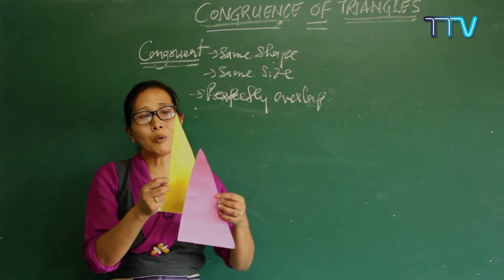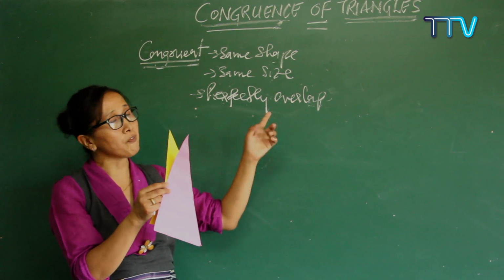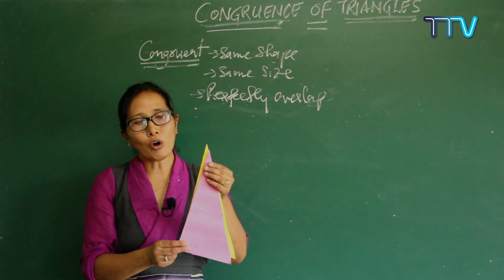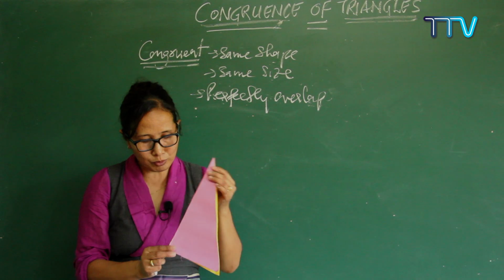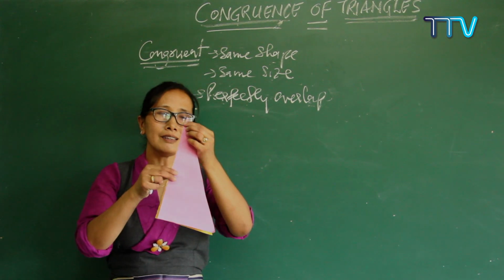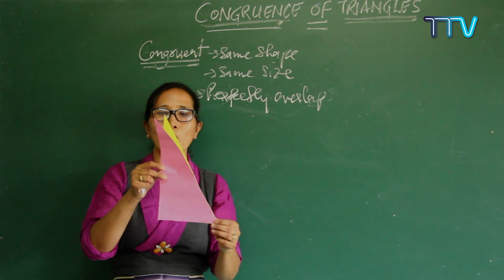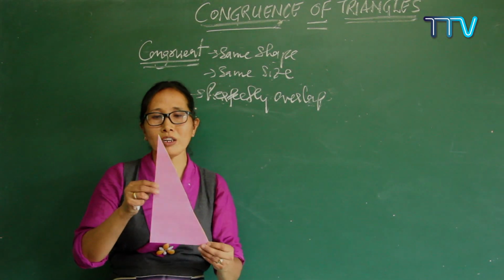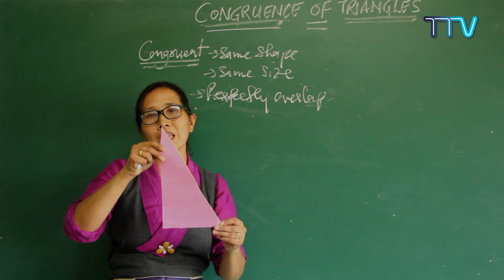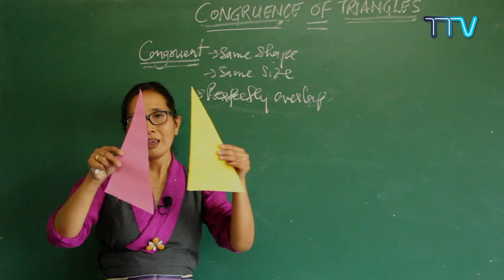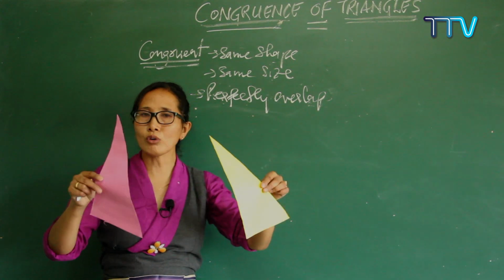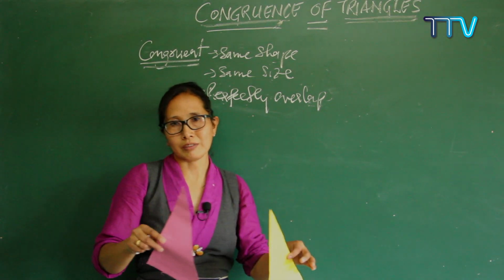When I overlap one on another, you find only one triangle. If they are overlapping each other, they are congruent to each other, understood?